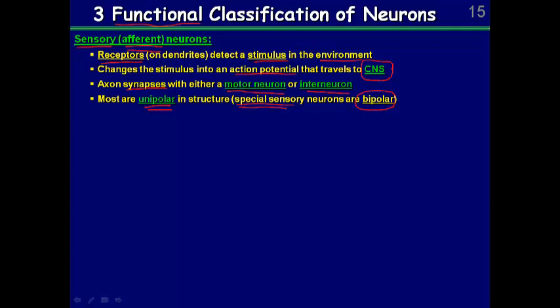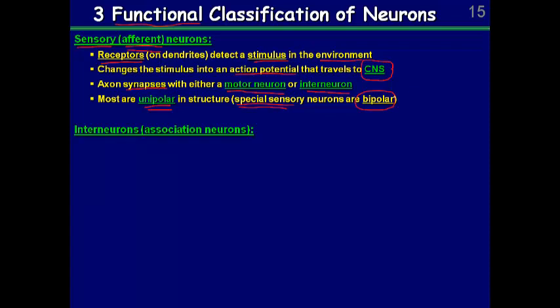So notice for every neuron in the body, you can categorize it two ways. One, on its structure, multipolar, bipolar, unipolar, and by its function, sensory, interneuron, or motor neuron.